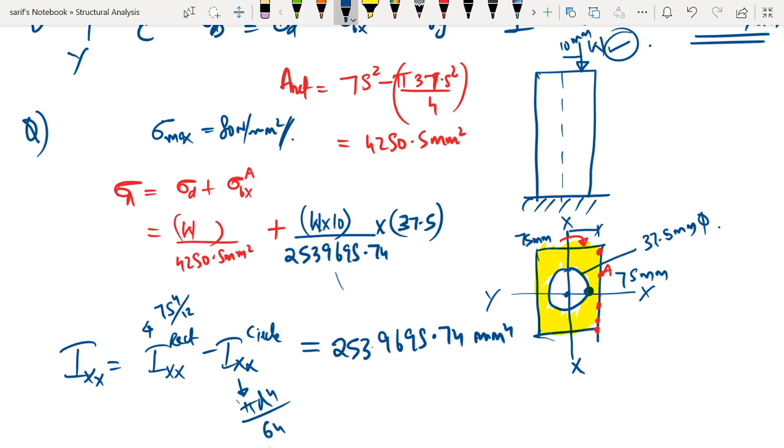Now this is the expression for maximum stress, and this we have to equate to 80 Newton per mm square, which is the maximum value of stress.